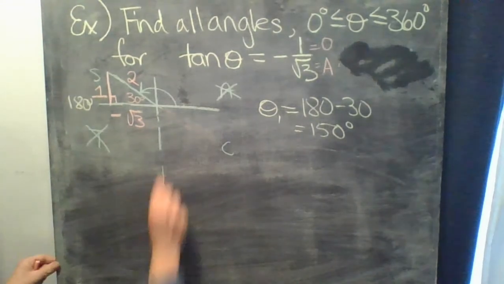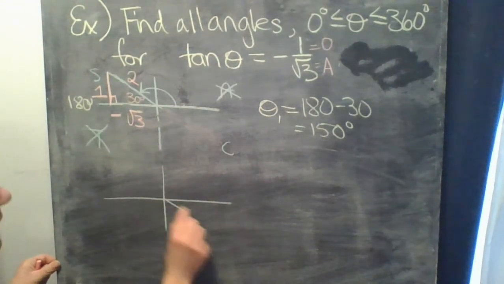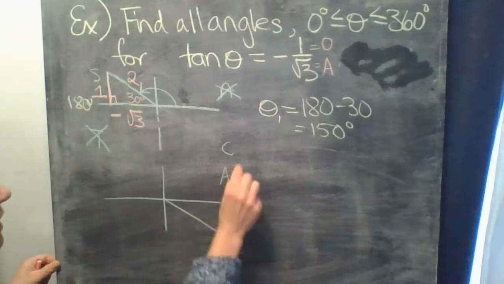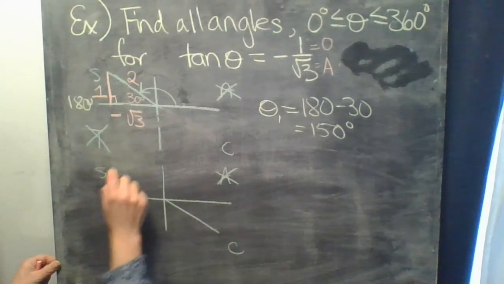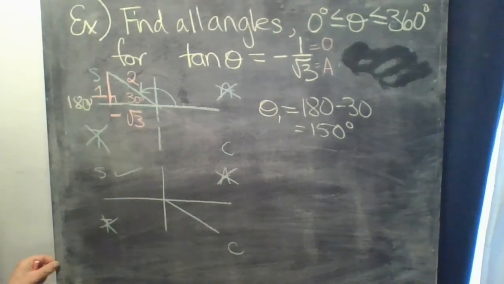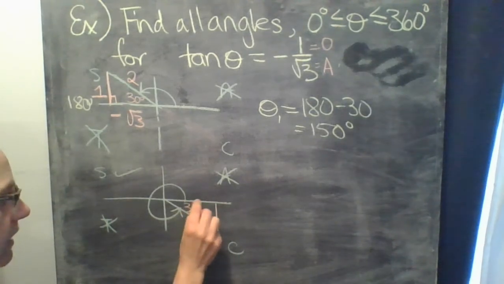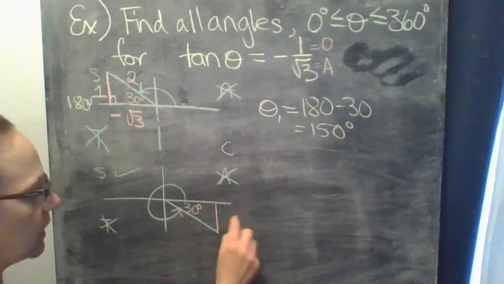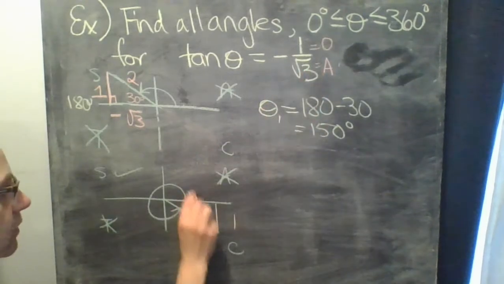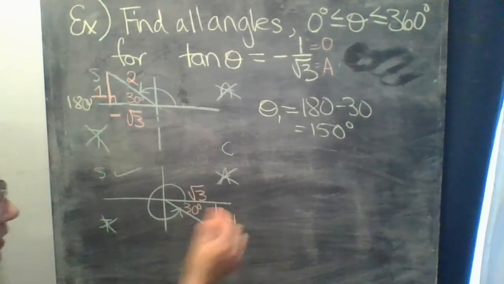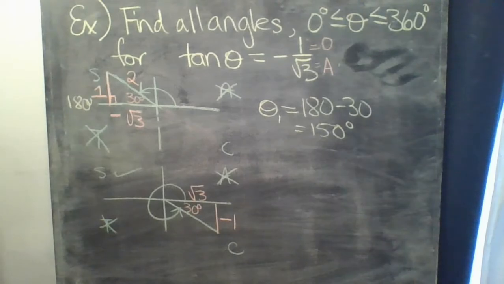And our other one, I'm just going to redraw that triangle so it's not quite so messy. We said it has to be down here because it couldn't be there, because that's positive. We just did that one. And it can't be here because that's when tan is positive. So we have to come all the way around to here. And that 30-degree triangle is in here because, remember, opposite has to be 1, adjacent has to be root 3, only this time it's my opposite that's the negative.